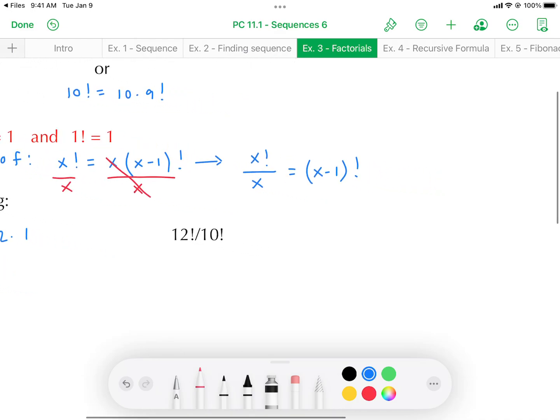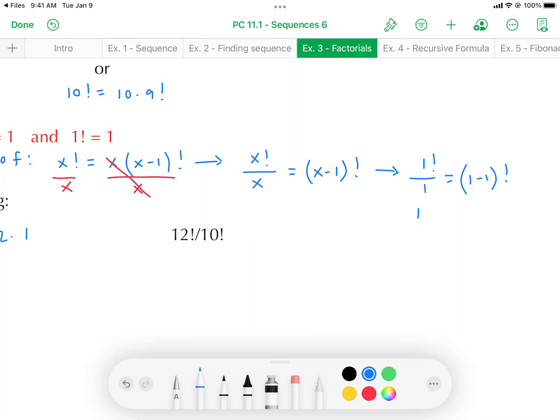Okay, now let's say I want x minus 1 factorial to turn into 0 factorial. What does x need to be then? It needs to be 1, right? So that would become 1 factorial over 1 equals 1 minus 1 factorial.